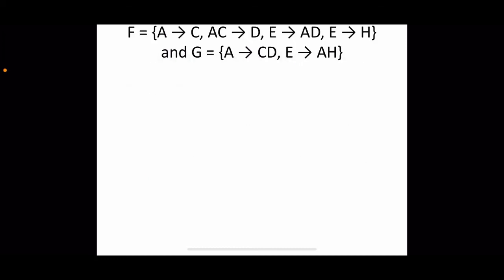Now coming back to our example. So here let us first check whether G covers F, then we have to check whether F covers G. Okay, so let us start with the check for G covers F, or F is a subset of G closure.